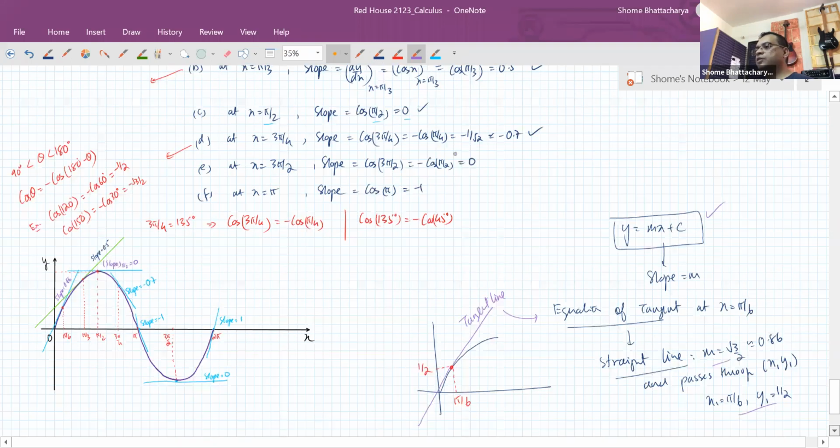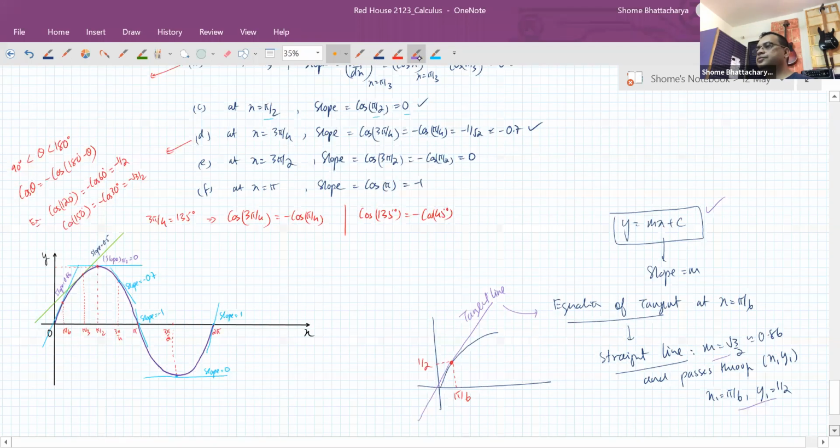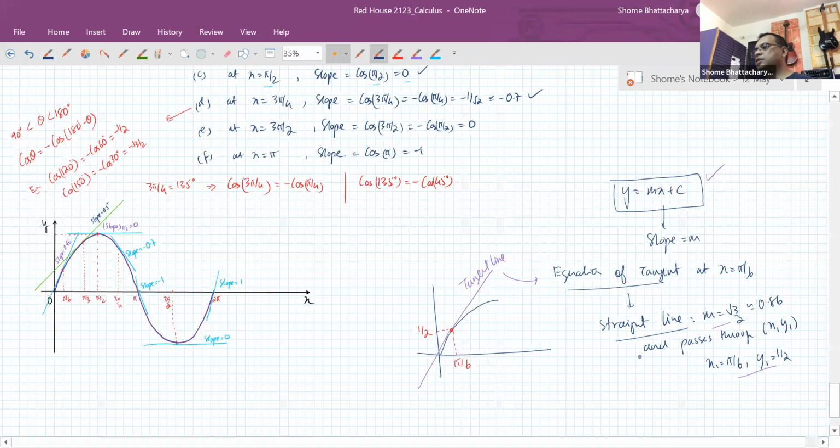So we can find the equation of the tangent by using the coordinate geometry formula y minus y1 is equal to m times x minus x1. So in this case, y minus half is equal to this slope, which is root 3 by 2, times x minus pi by 6.